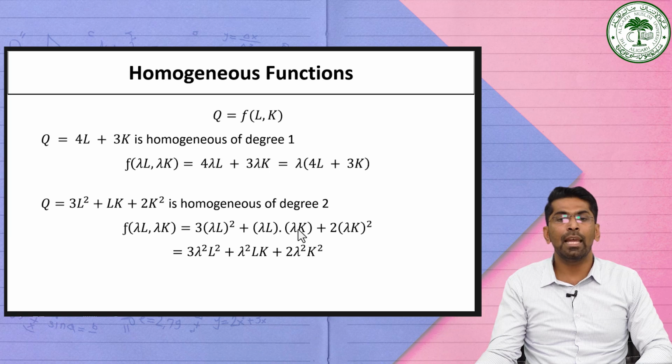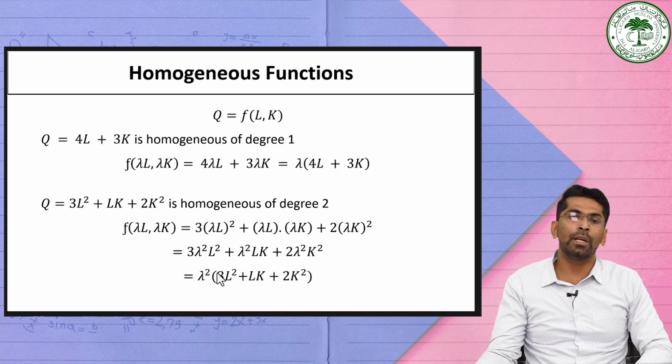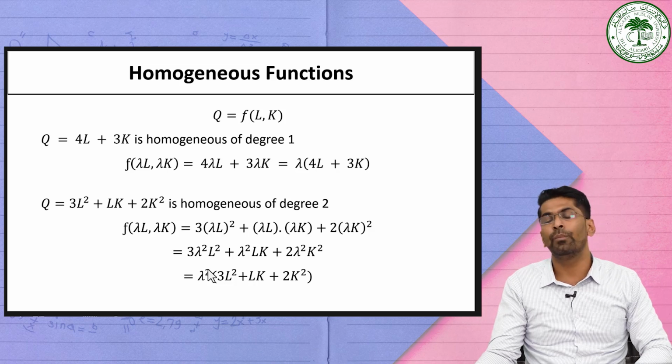What is remaining is LK, plus lambda square K square. Here lambda square is common, so we take it outside, completely factored out. So it is lambda square into the original function, which is homogeneous of degree 2, because the power of lambda is equal to 2. So it is a homogeneous function with degree 2.